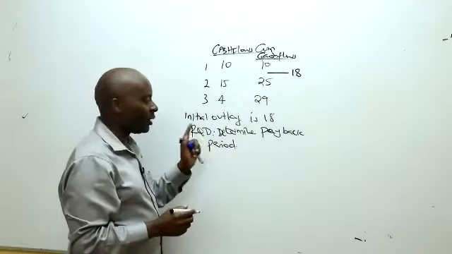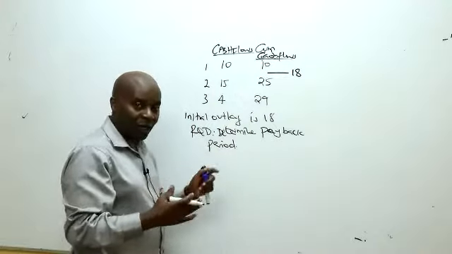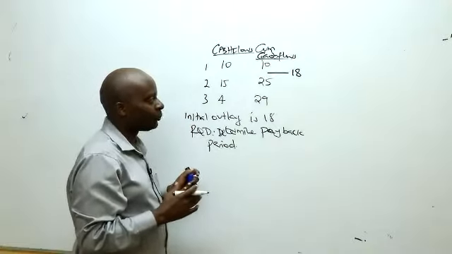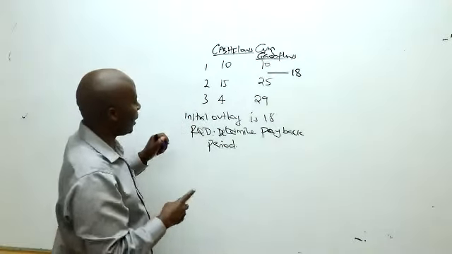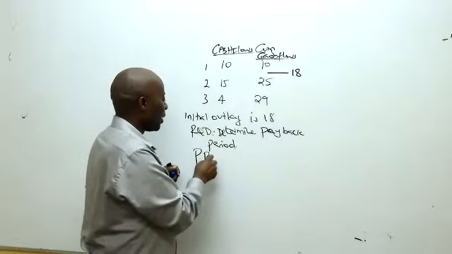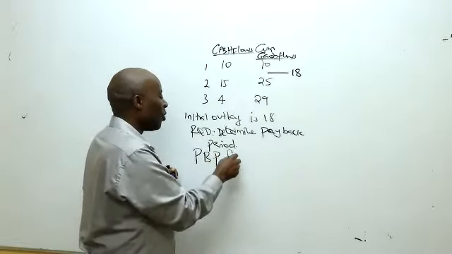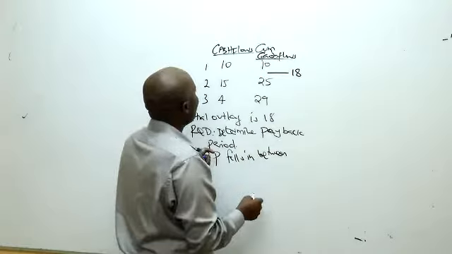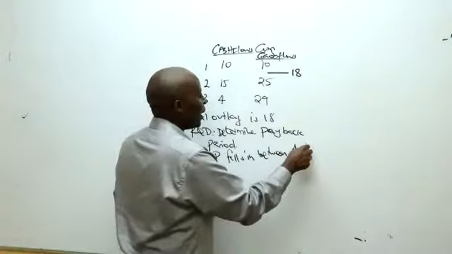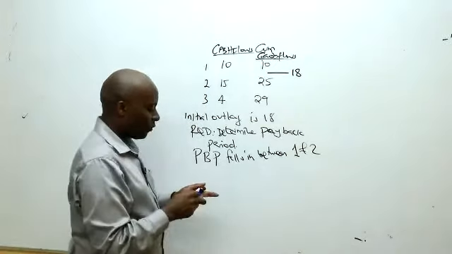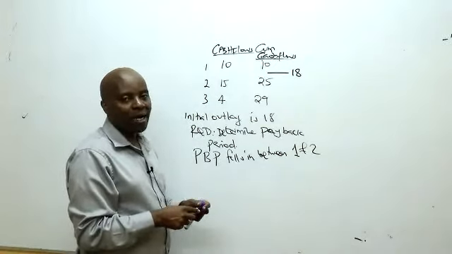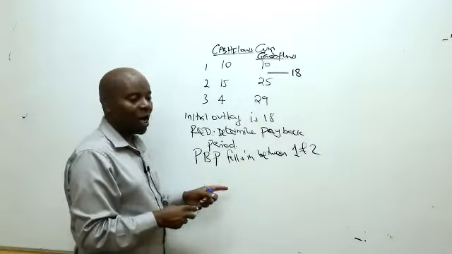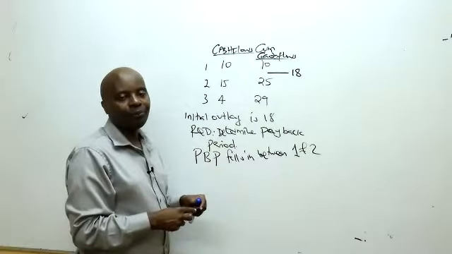We're writing this at the back of our book so that you can bring everyone up to speed as regards what you shall be doing today. Now, it means, ladies and gentlemen, that my payback period falls in between years 1 and 2.